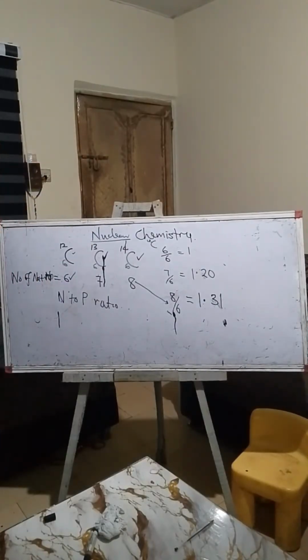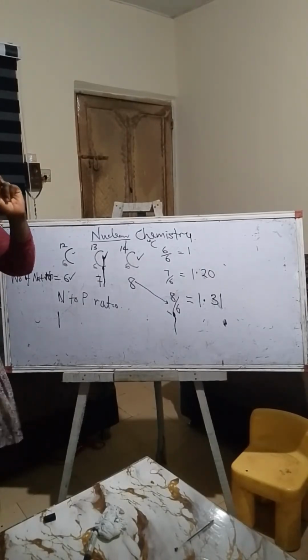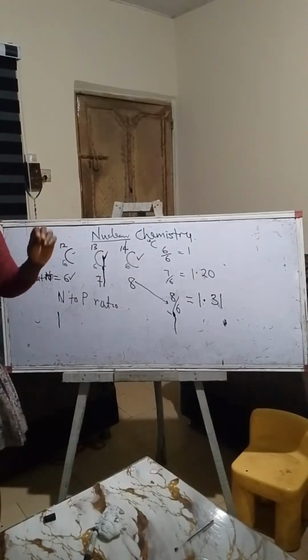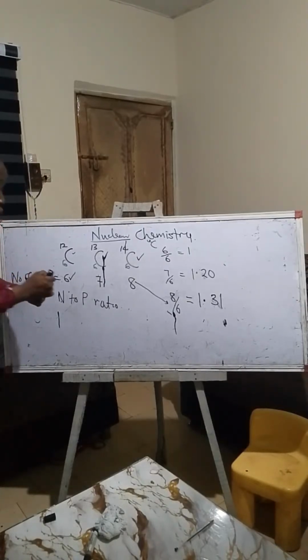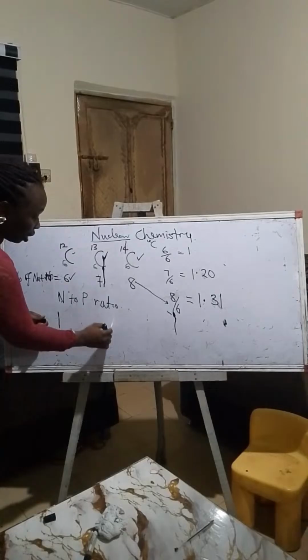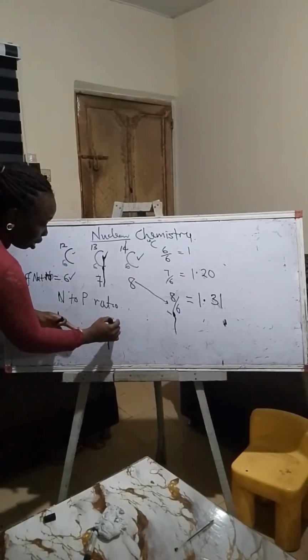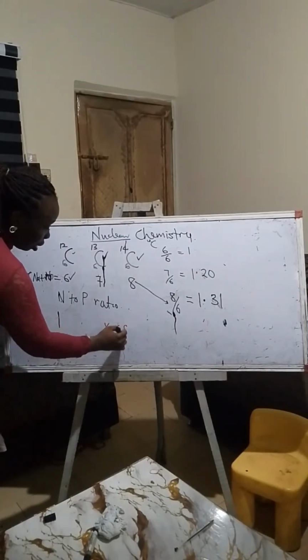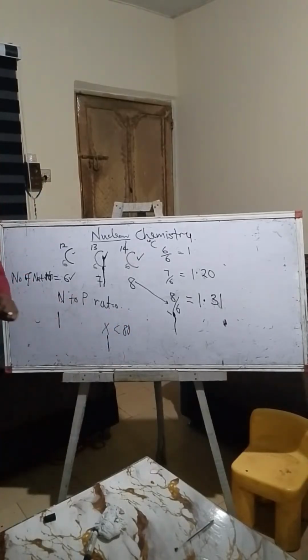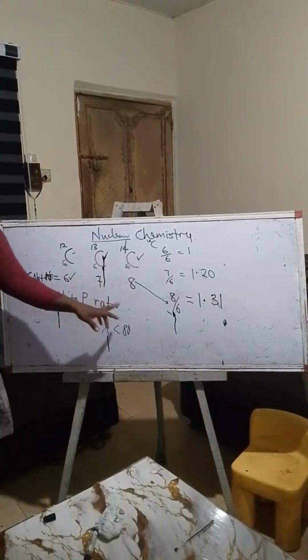And we said the atomic number based on stability must be below 80. Any atomic number below 80, that is less than 80, is classified as stable. Now that is based on the neutron to proton ratio.